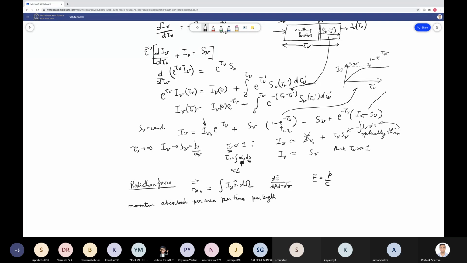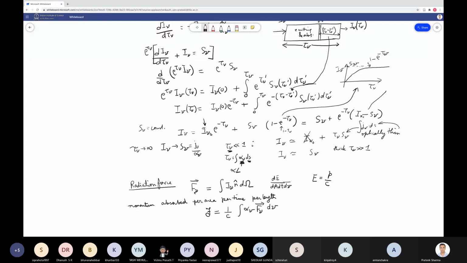How much is that? Let me just write it down. This is the force per unit volume. This is equal to 1 by c times the integral of alpha nu F nu d nu.